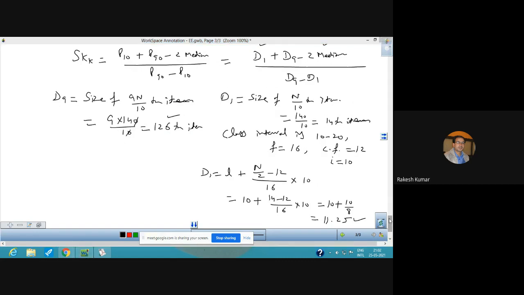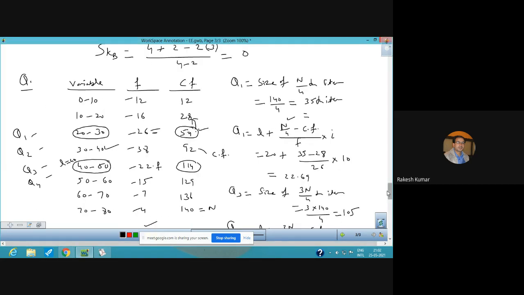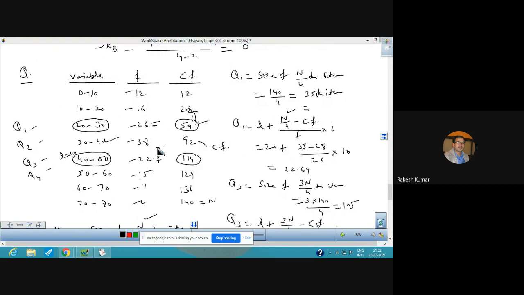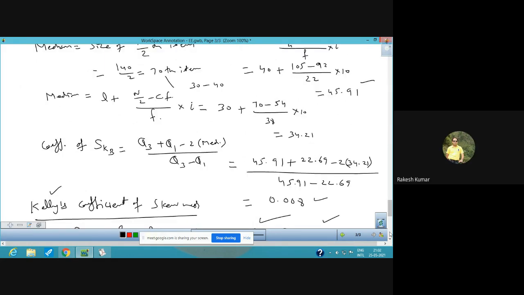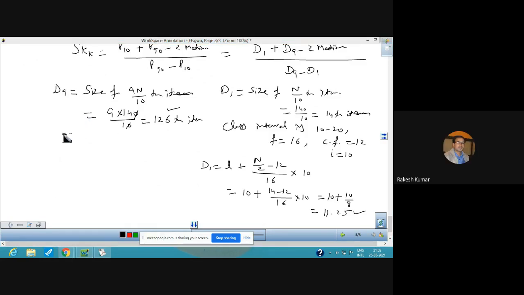Just see the table, which class the 126th item falls under, which cumulative frequency, that is 129. So the interval is 50 to 60, the frequency is 15, and the preceding cumulative frequency is 114.